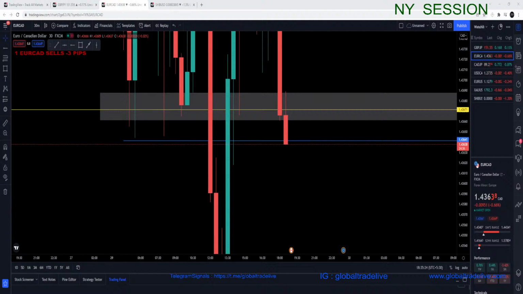Took a sell trade over here at this point. Stop loss is set at 6 pips.